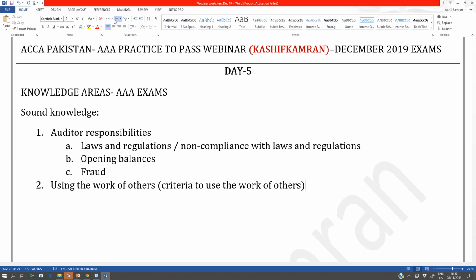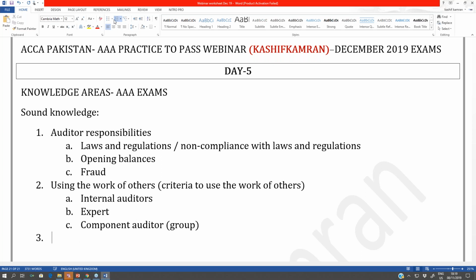I hope you remember we did a June 18 question where there was a subsidiary audited by another auditor, and we needed to explain to the examiner whether it is a significant component and how the auditor will be relying on the auditor of the significant component. So you should know using the work of others, which includes using the work of internal auditors, using the work of an expert, and using the work of a component auditor in the case of a group. You should have sound knowledge on all these areas.